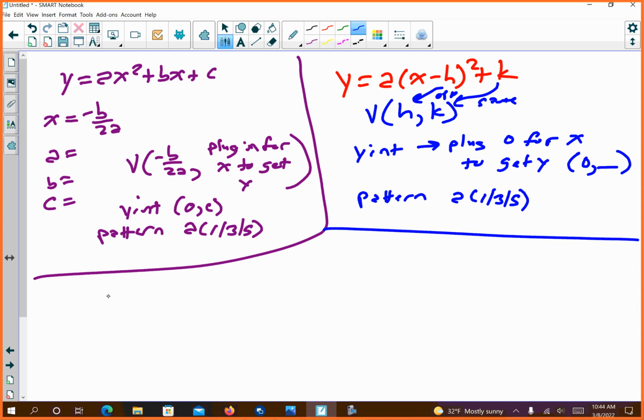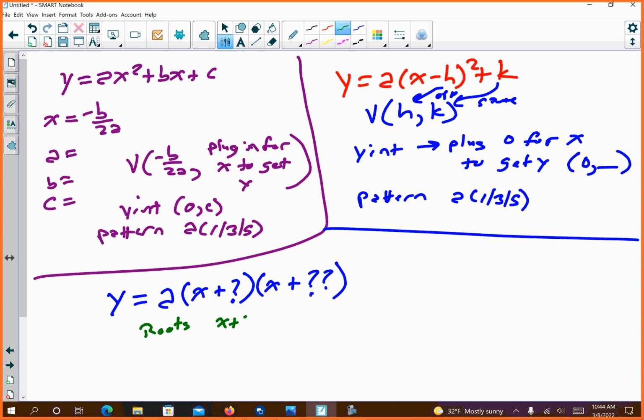And then the other one that we might see is something like this. So I have y equals a quantity x plus question mark, and the other one is x plus question mark. This will solve for our roots. So you go x plus question mark equals 0, and x plus question mark equals 0.